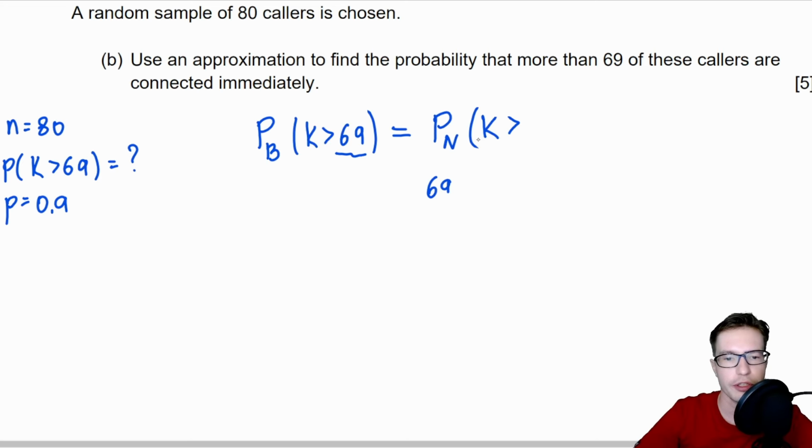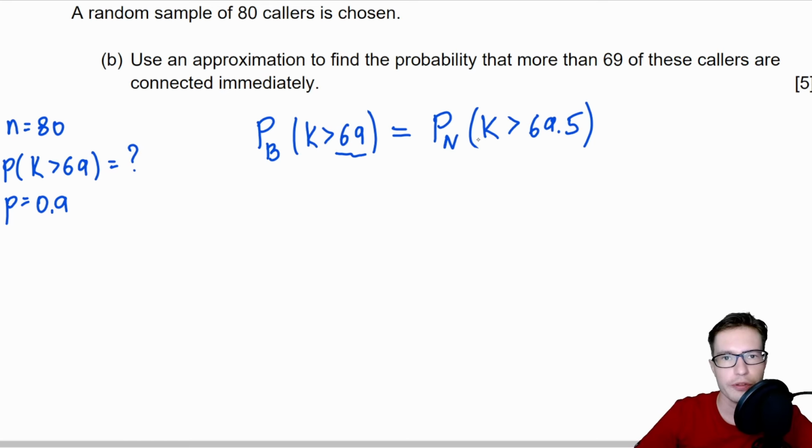So we'll have to use either 69.5 or 68.5. Now, our inequality sign is bigger, but 69 is not included. So that means I will use 69.5. And if 69 was included, I would have used 68.5.